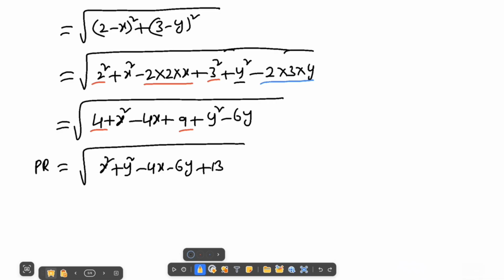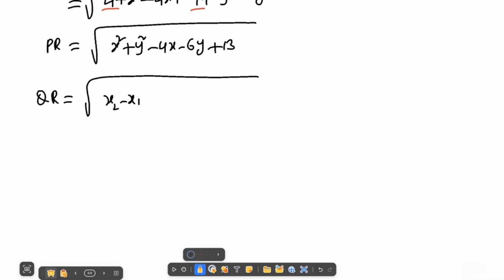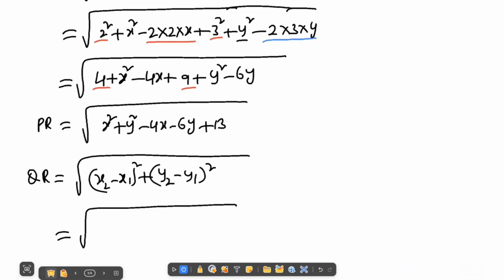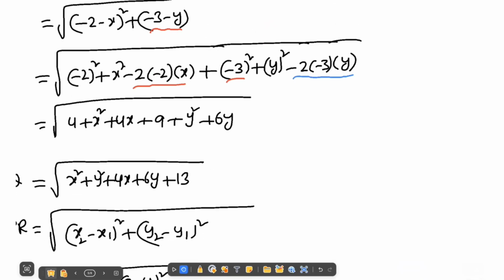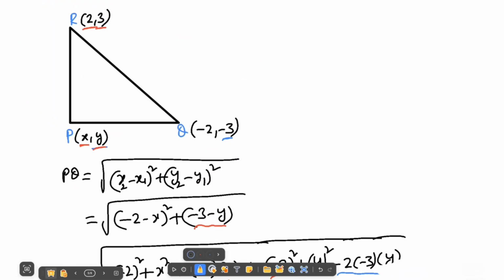Next, QR distance. Let's find the QR distance, Q to R. Same formula: x2 minus x1 whole square, y2 minus y1 whole square. So let's see what x2 and x1 are for QR.